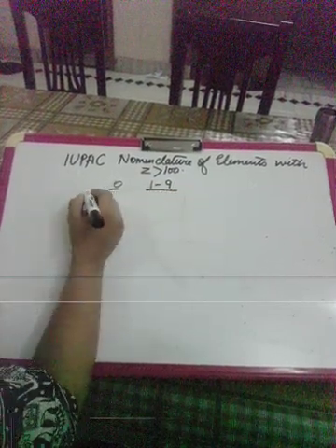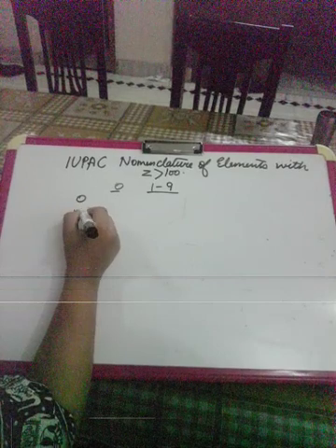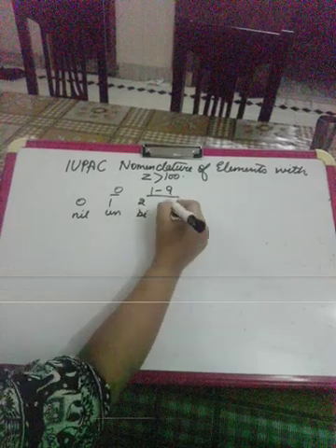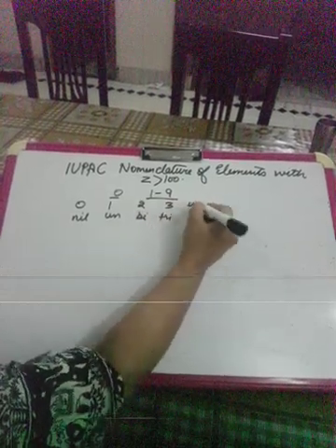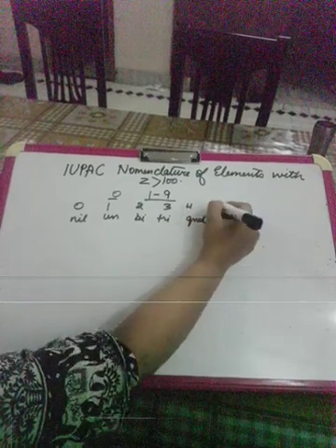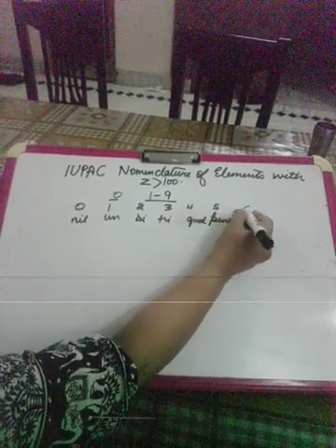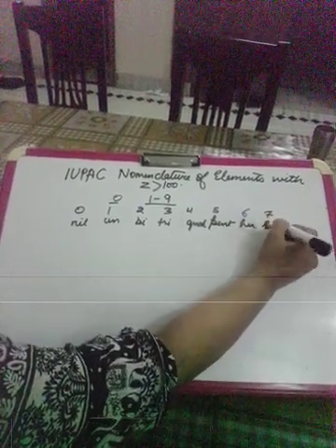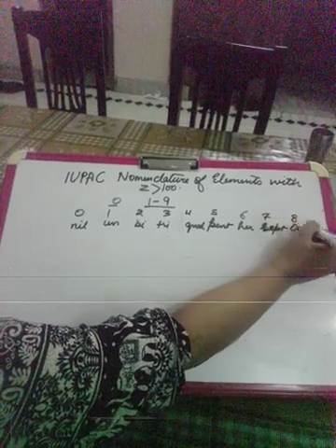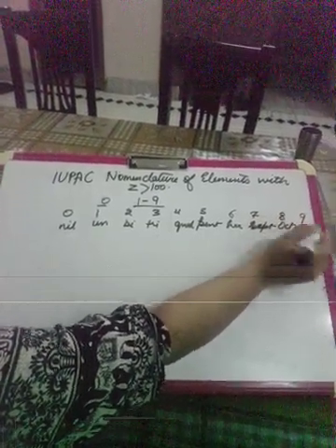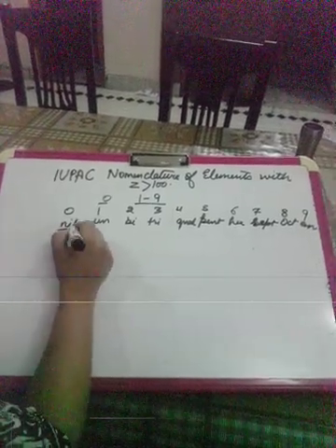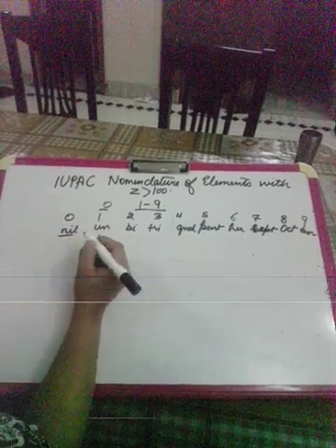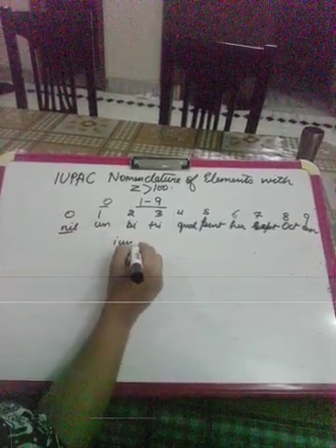For example, 0 is nil, 1 is un, 2 is bi, 3 is tri, 4 is quad, 5 is pent, 6 is hex, 7 is sept, 8 is oct, and 9 is enn. These are short forms given to these digits, and we will add the suffix ium to all of them.